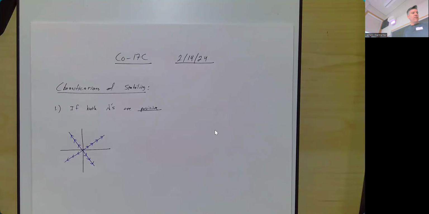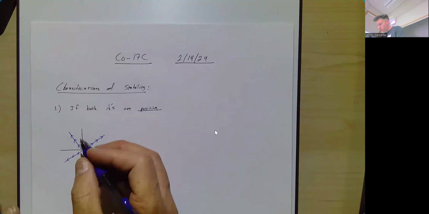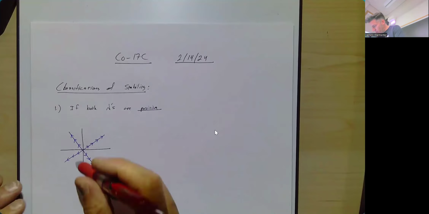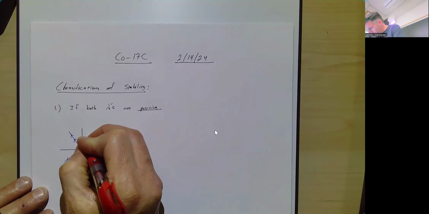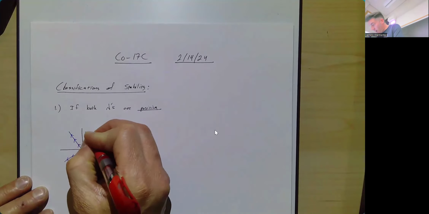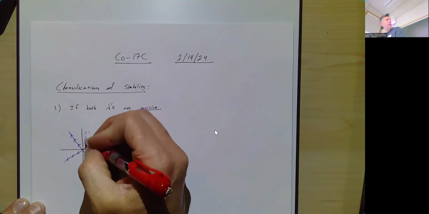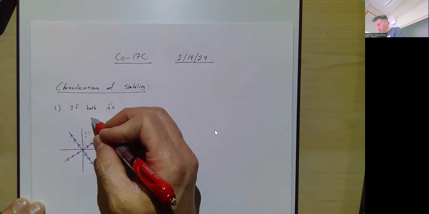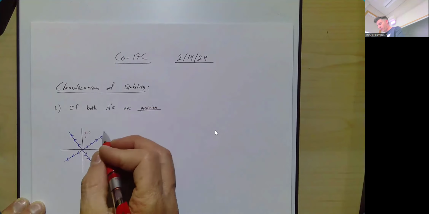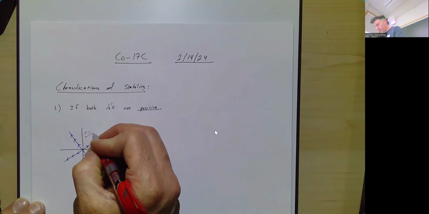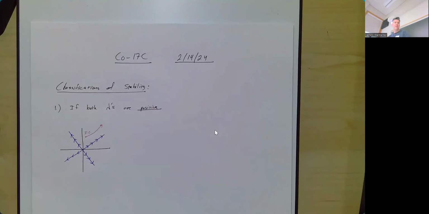For example, if we're starting right here with some initial condition, watch for a second. We're not pointing directly out from the origin. We're getting pushed away this way and that way, so we're doing something maybe like that.